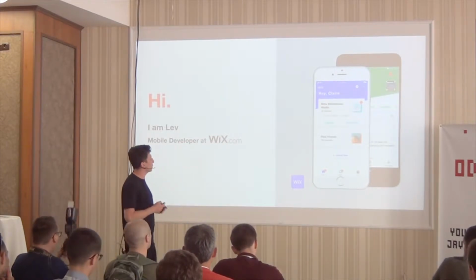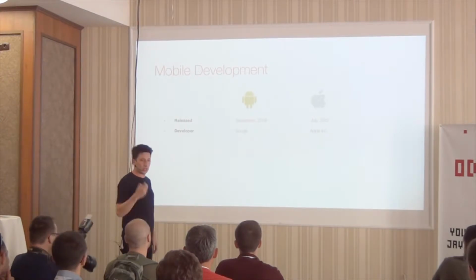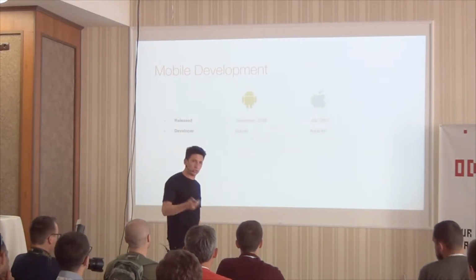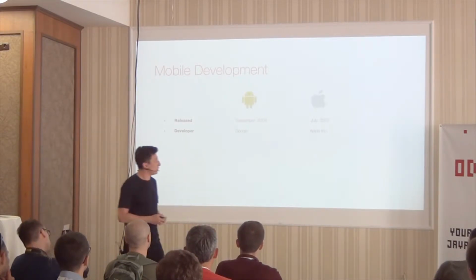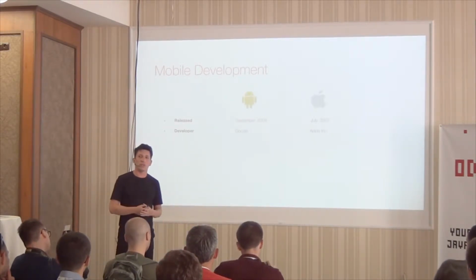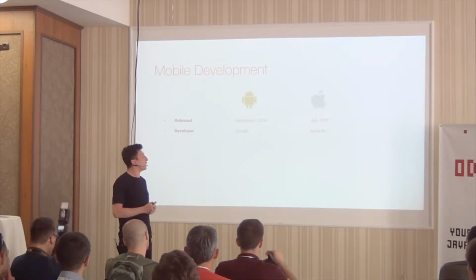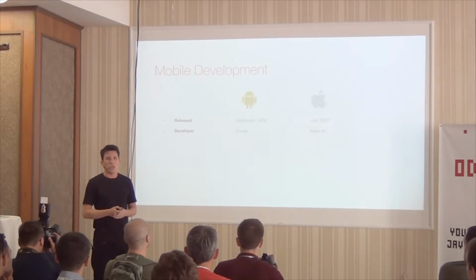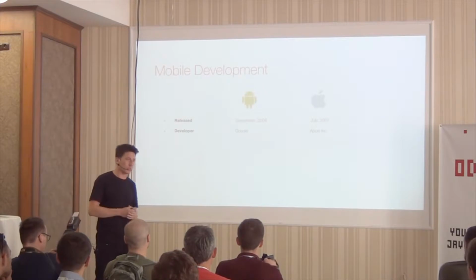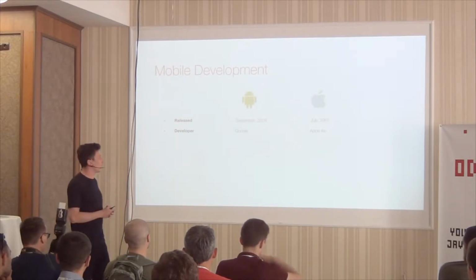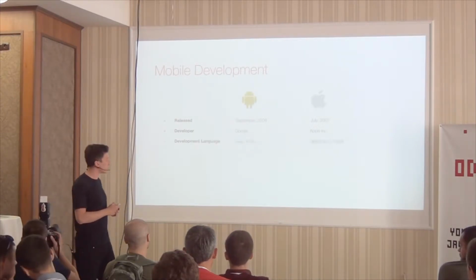So let's start. Before we dive into React Native, let's do a quick recap about native mobile development. So in mobile, our prime platforms are Android and Apple. The iOS operating system and the Android operating system were released around 2007, 2008 by Apple and Google.